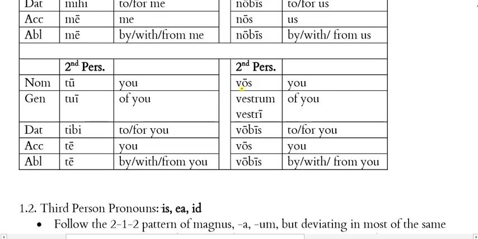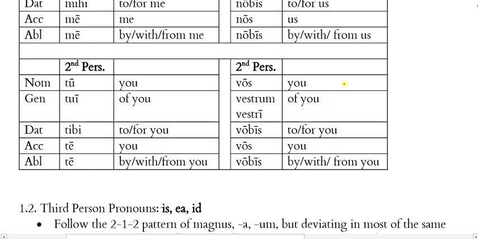Let's look at the second person pronouns. Tu, so you, in the nominative, genitive, tui, of you, dative, tibi, to or for you, te, accusative, you, as the object of a verb, for example, and te, by, with, or from you in the ablative.